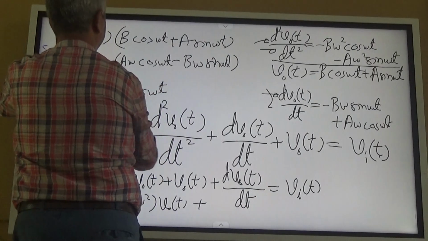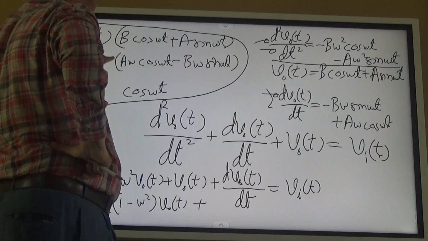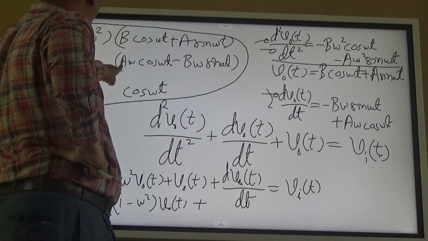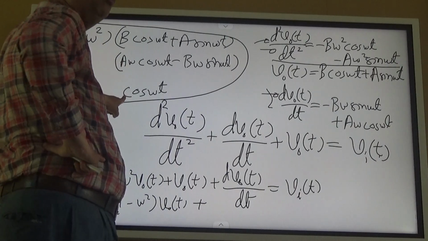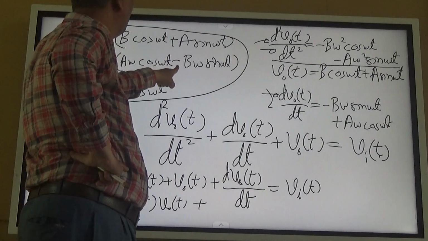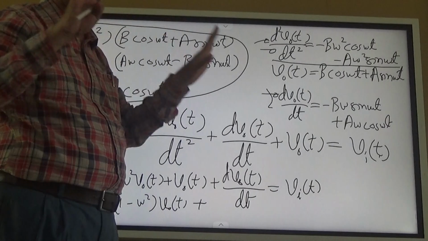Cos omega t. So you just match the coefficients. For cos, on left hand side 1 minus omega square b plus a omega must be equal to 1. And for sin, 1 minus omega square a minus b omega must be equal to 0. So from that you should be able to calculate a and b.